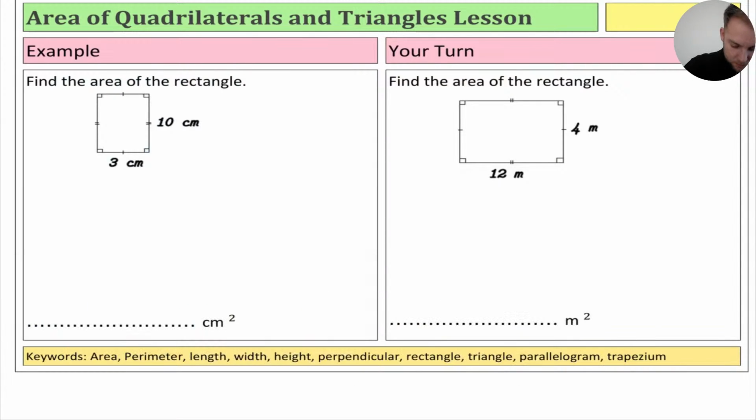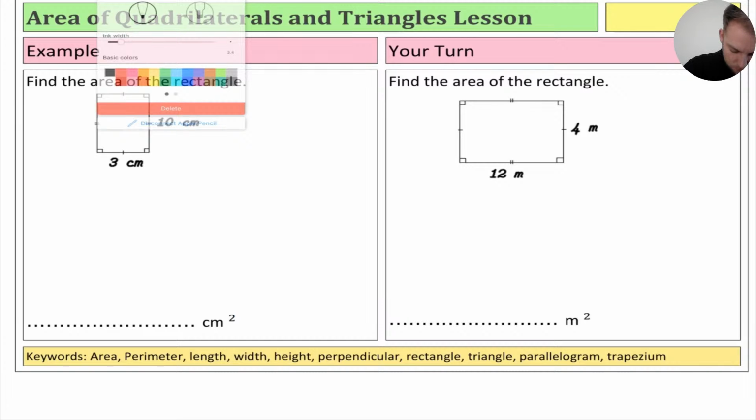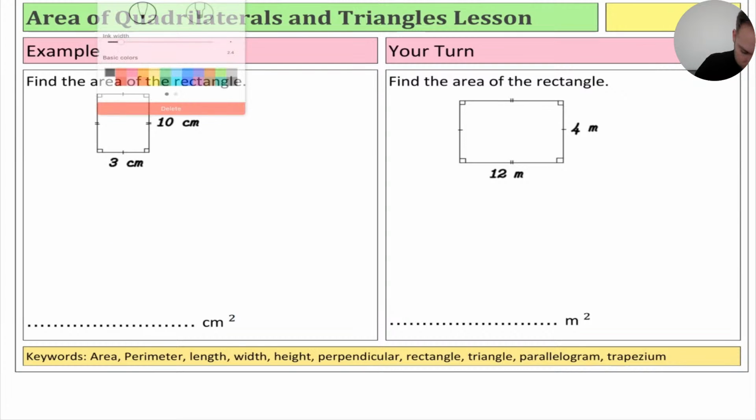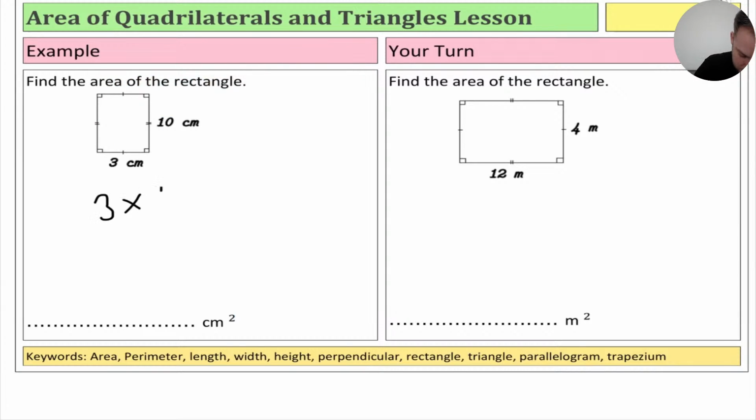Give me a second. So this one here is going to be, the base is 3, so we write down here 3 times by 10.